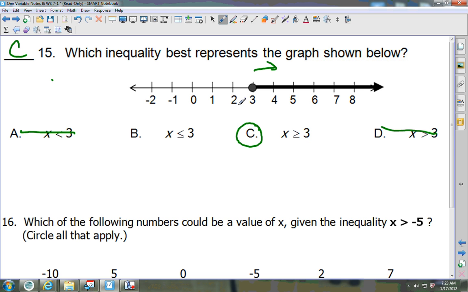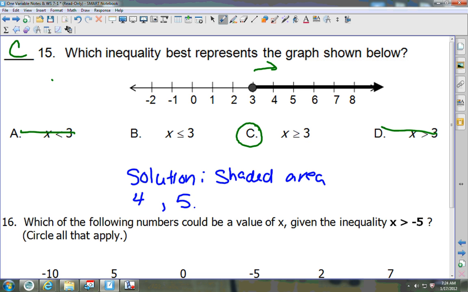Now, one of the things we haven't talked about is what type of numbers are a solution? If they are a solution to the inequality, it means that it makes this inequality true. Well, if it makes it true, it's going to be in the shaded area. So, for example, up here on number 15, what type of numbers are a solution to this inequality? You could have 4, that's in the shaded area.